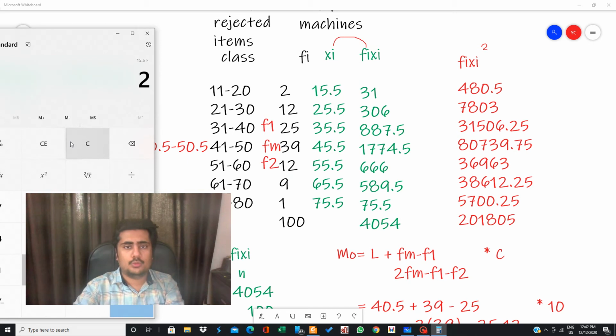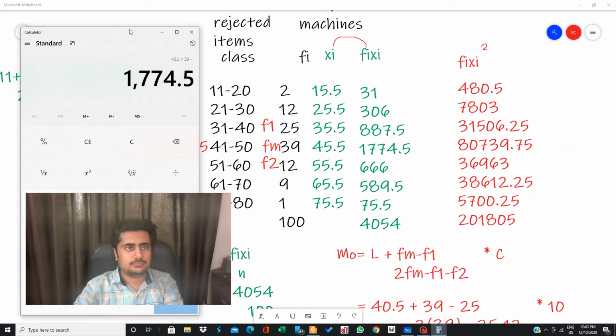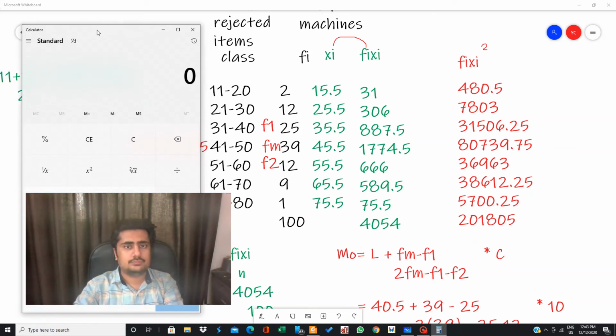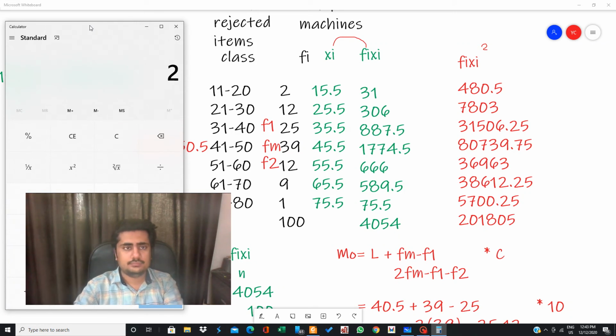15.5 into 25.5 into 12, it's 35.5 into 25, 45.5 into 39, then 55.5 into 12, 65.5 into 9, and 75.5.